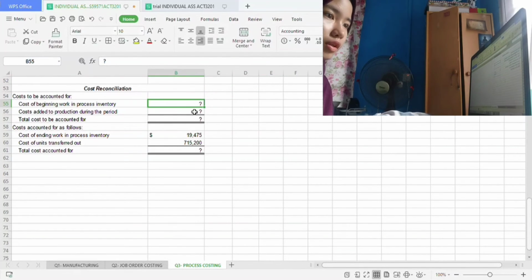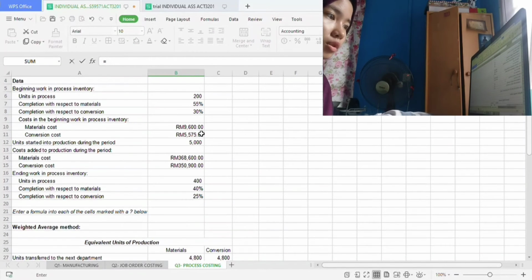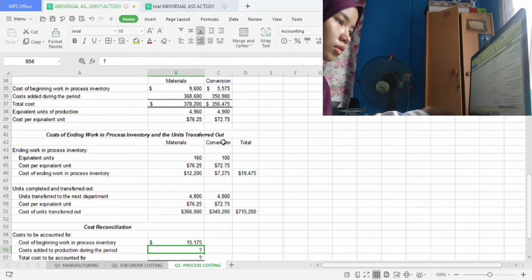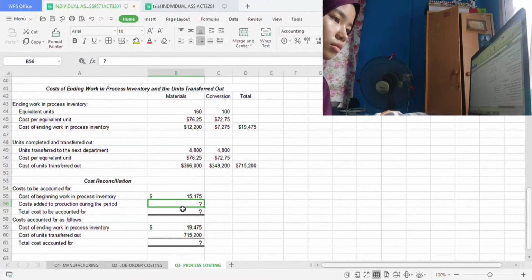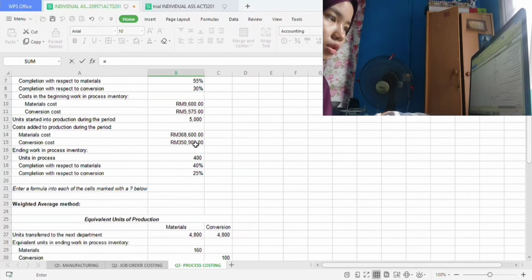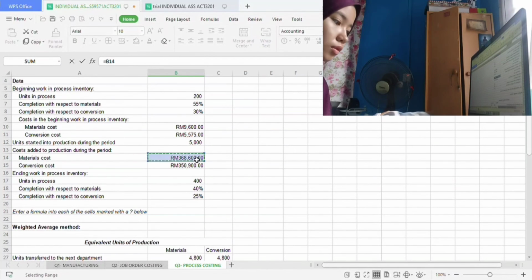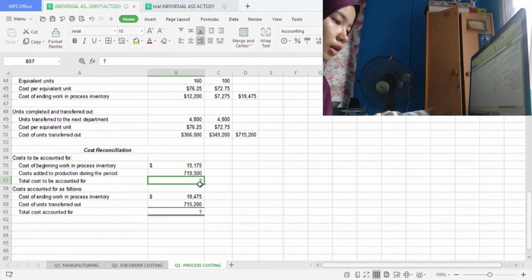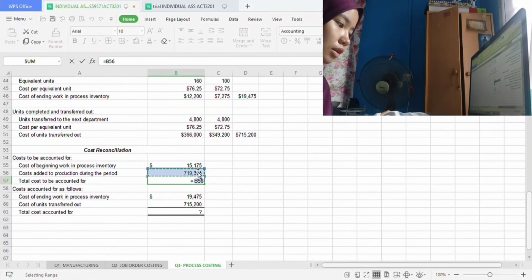Next, cost reconciliation. Cost of beginning work in process inventory, we just total. To get the total cost to be accounted for, we total these two amounts.